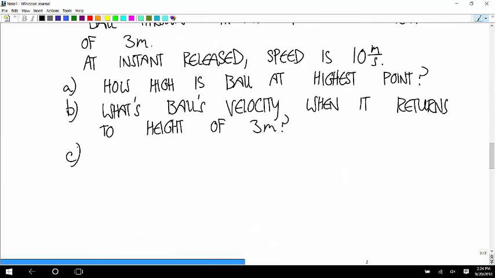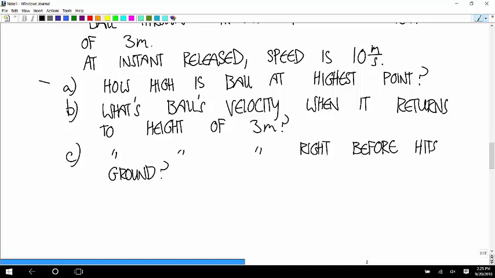And then third, let's calculate what's the ball's velocity before it hits the ground. Okay, so the first one we want to solve is just we want to figure out how high the ball goes.